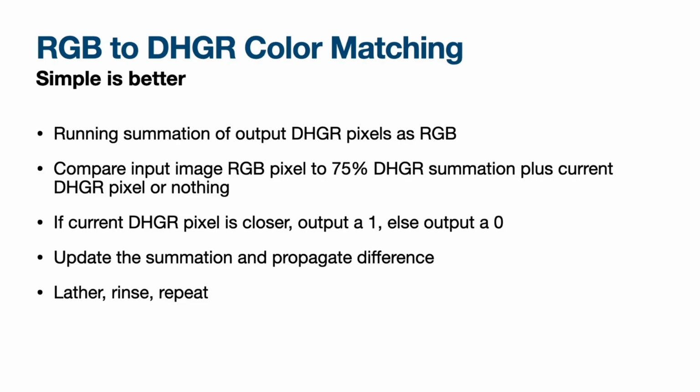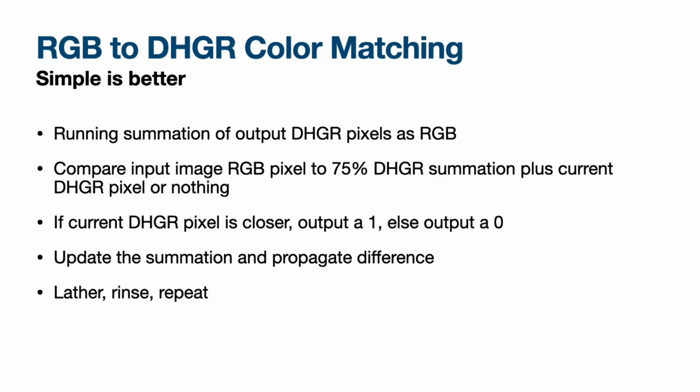I tried many variations looking at the preceding color cycle and scaling with different values to best match the RGB values, even looking forward to a possible future best match. But in the end, the simplest approach provided the best output. My final algorithm simply keeps a running sum of all matched NTSC RGB values scaled by 3/4.